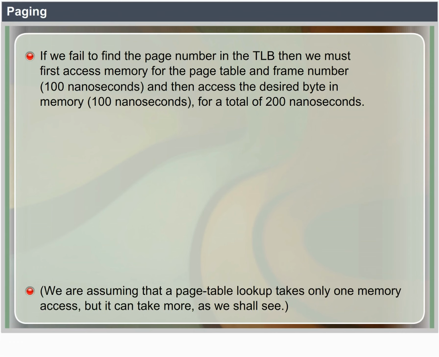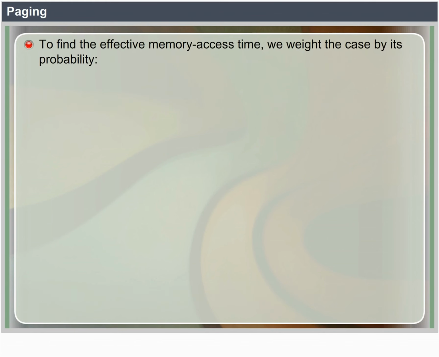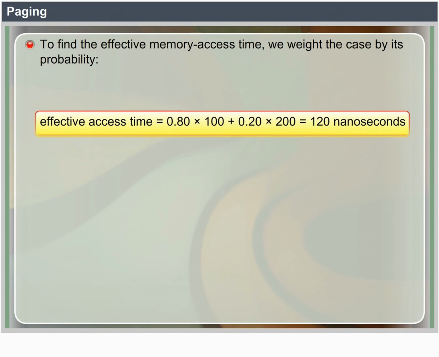To find the effective memory access time, we weight the case by its probability. Effective access time equals 0.80 times 100 plus 0.20 times 200, equals 120 nanoseconds.